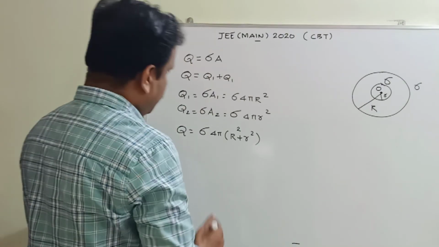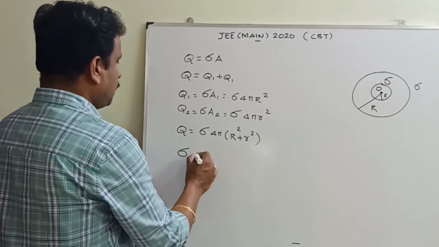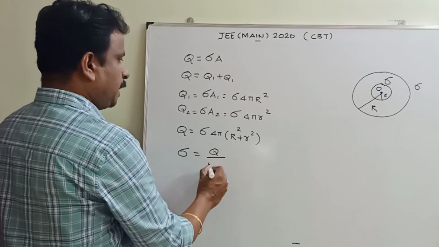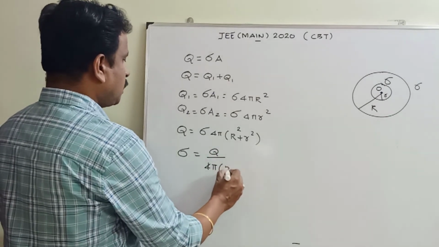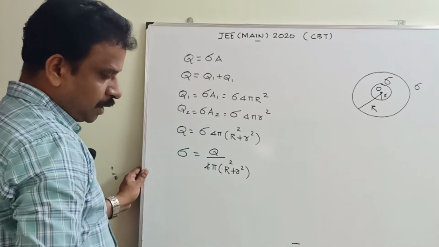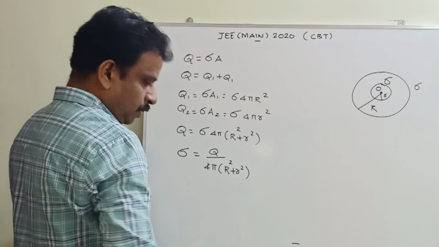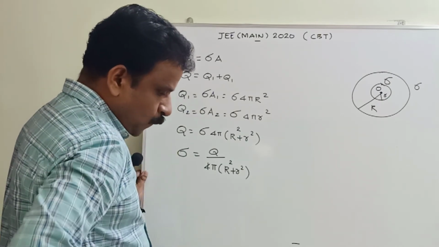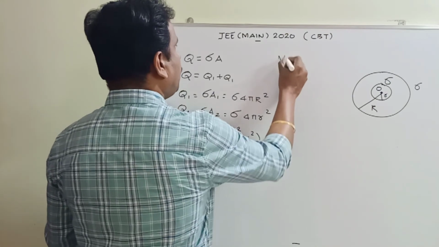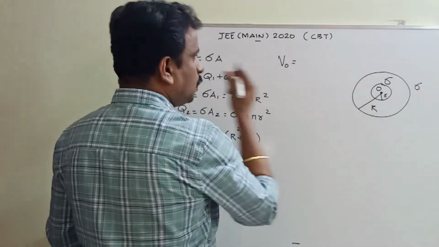Now the charge density sigma is equal to q divided by 4 pi into R square plus r square. This is your sigma charge density. Now we have to find the potential at the center. Potential at point O is due to the two charges.